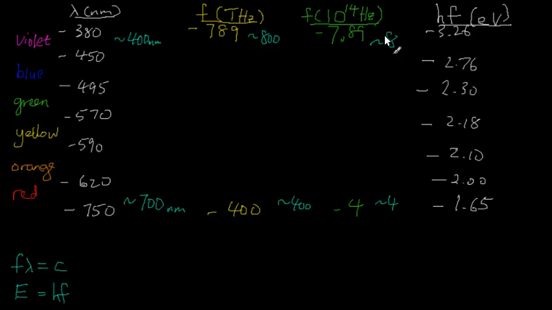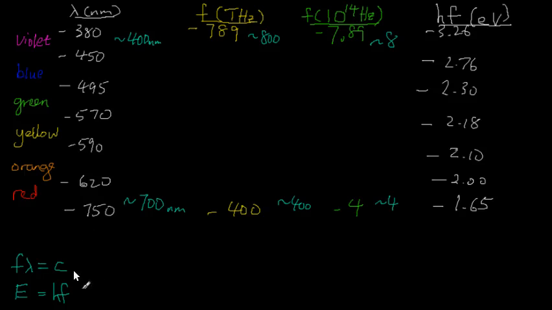I think it's good to remember one set of values, either wavelength, frequency, or photon energy. And I would personally just remember the wavelengths, because it seems that these are used or expressed in terms of wavelengths quite often, at least in A-level physics.